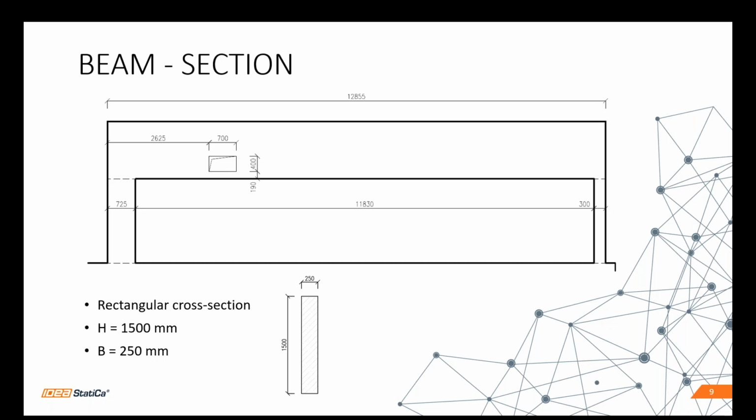Normally, you will probably use the strut and tie method, as I mentioned. So in this case, we must create an equivalent truss model. But for larger openings, such as this one, it's no longer possible to use one universal equivalent truss model as in the case of smaller openings.